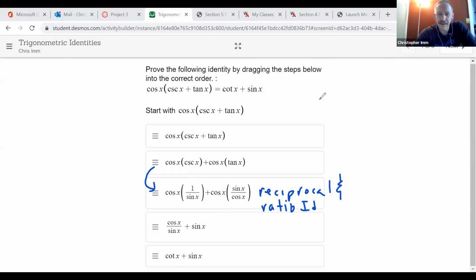Algebraic steps you don't really need to document. Here we use another ratio identity. The ratio of cosine and sine is cotangent. And those would be some steps to prove it.